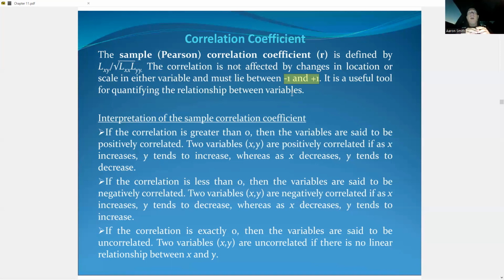So as x increases, I would expect y to decrease on average. If it's positive, we will expect to see a positive rate of change. So then as x increases, we would expect y to increase. Now, if the number is close to 0, that means there is a weaker relationship, and close to plus or minus 1 means we have a strong relationship between them.